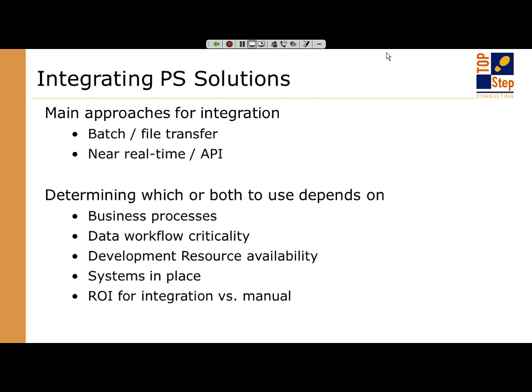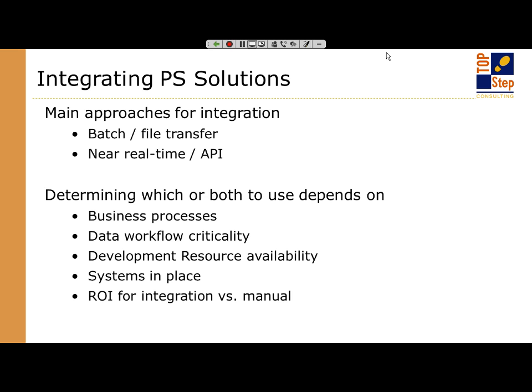The other is near real time, and I say near real time because nothing instantly shows up in two places at once. So this would be more of, as I create the data and save the records, I'm expecting that data to show up in the other system pretty quickly, within maybe a window of a couple of minutes or even less, depending on how real time you've been able to build the integration.